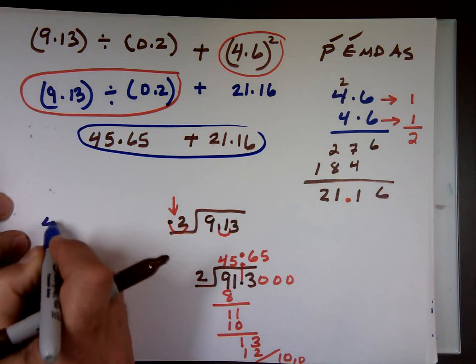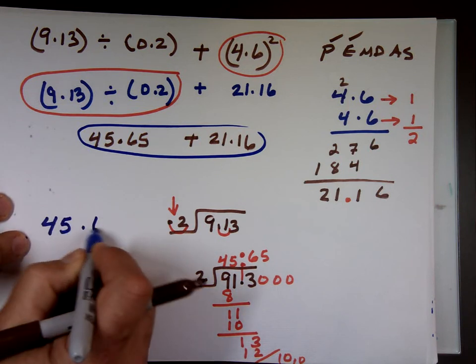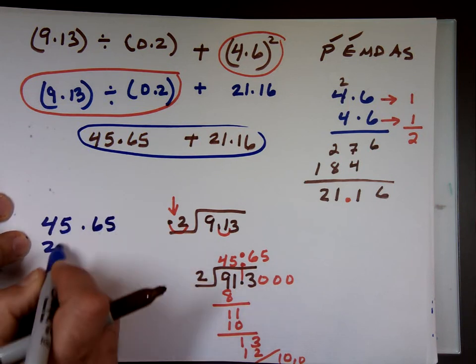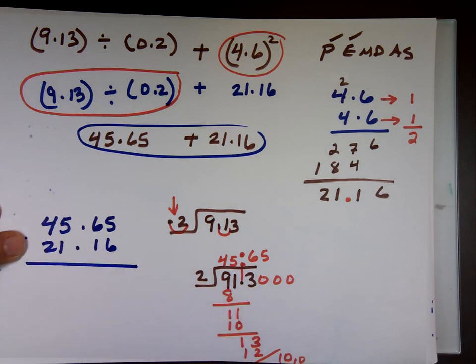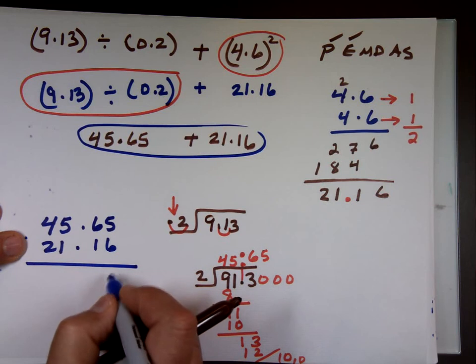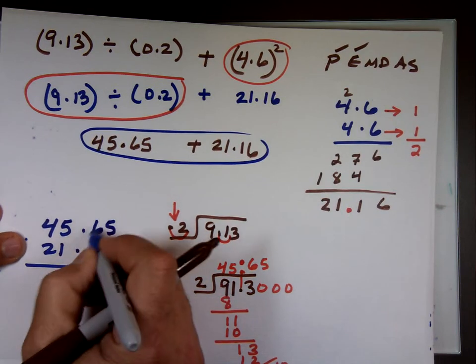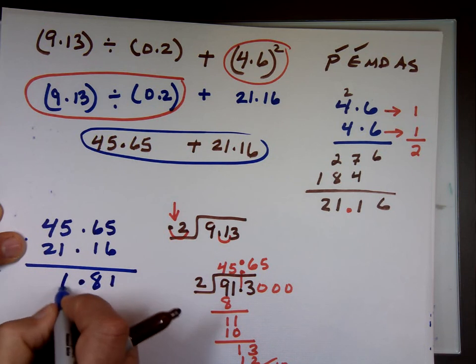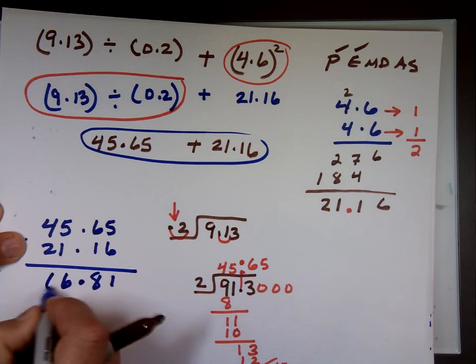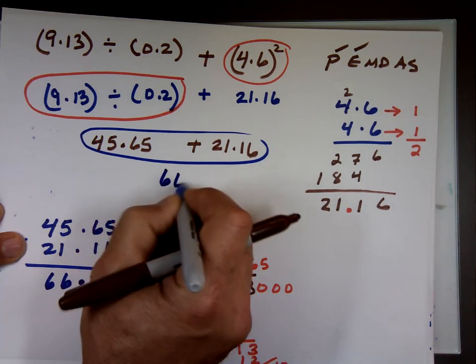The decimal point? 6 and 5, 11. 1 and 5, 6. 2 and 4, 6. 66.81.